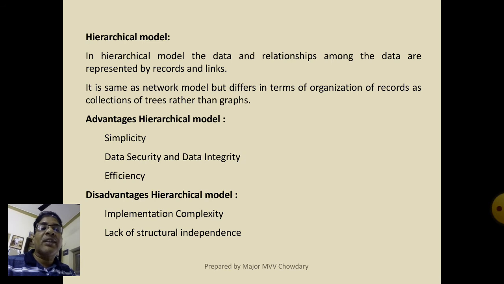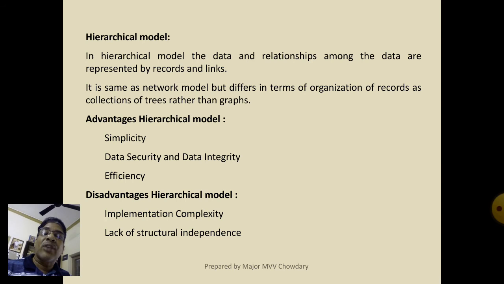Within the hierarchy, the top layer is perceived as the parent of the segment directly beneath it. The segments below other segments are the children of the segments above. That means the root node is the parent, and the next level is the child segment.